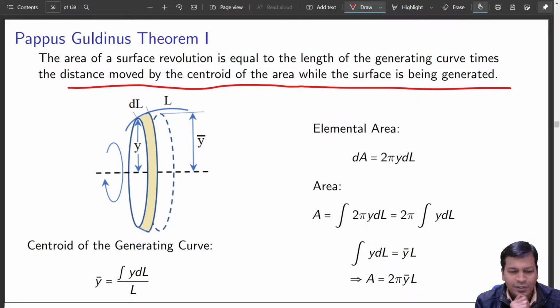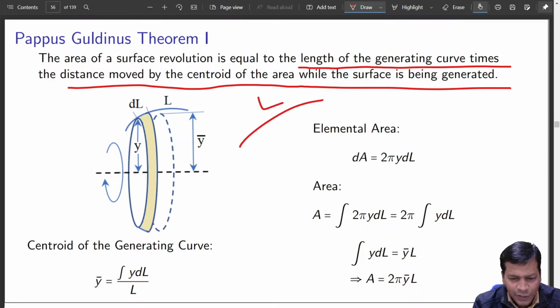Swept surface. So the length of the generating curve: if this is your length of the generating curve, this has rotated about an axis. So the total area will be what?